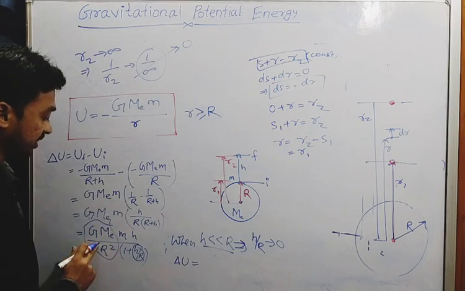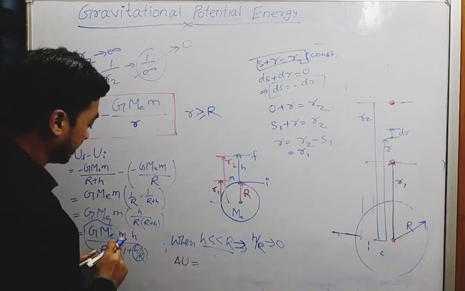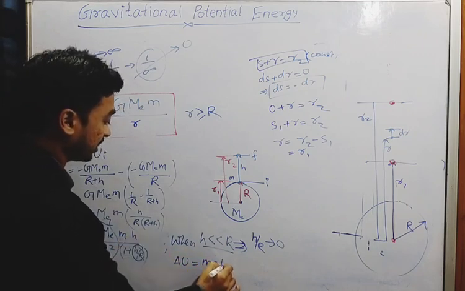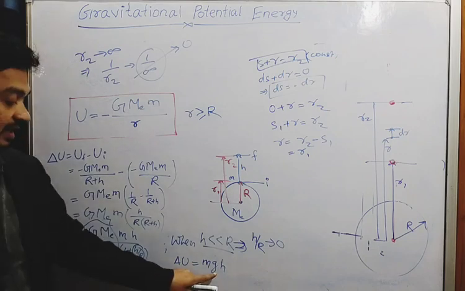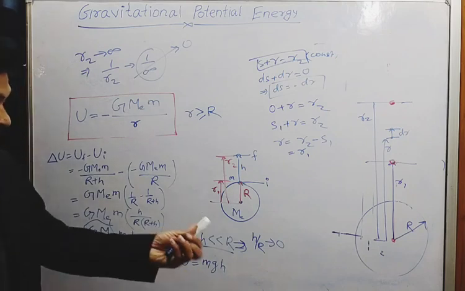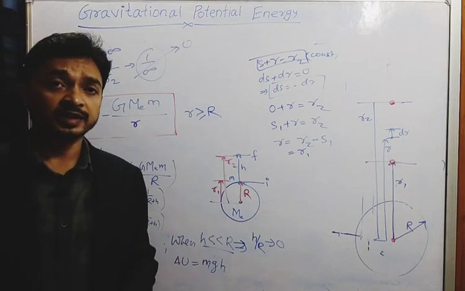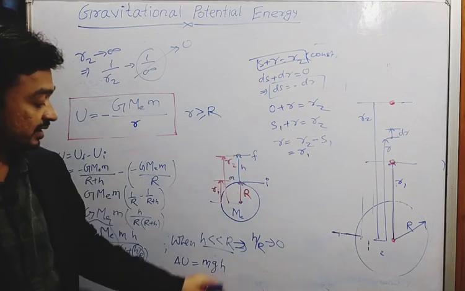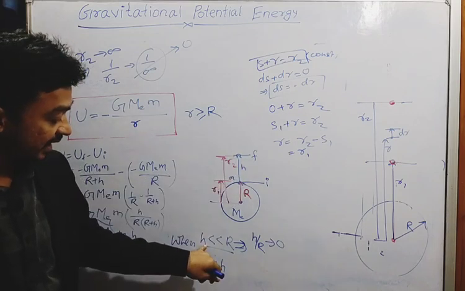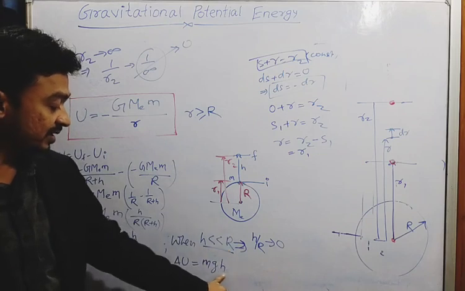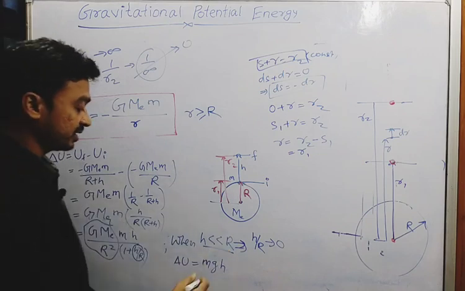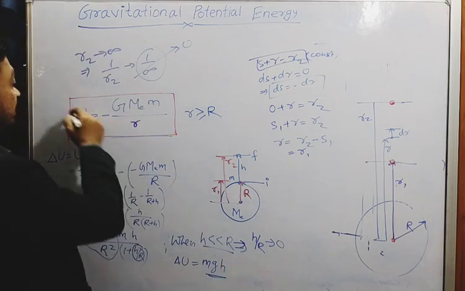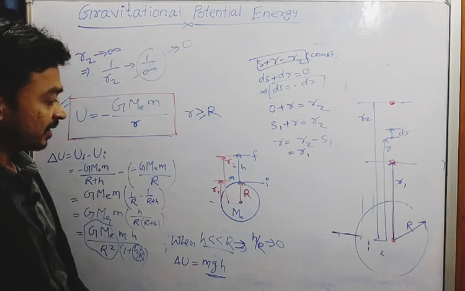This term is G, this is M, this is g, this is h: mgh. This is positive, which means there is a gain in potential energy, since we are raising an object from the surface to a height. If h is much smaller than r, then the simplified formula is mgh. But the general one is this.